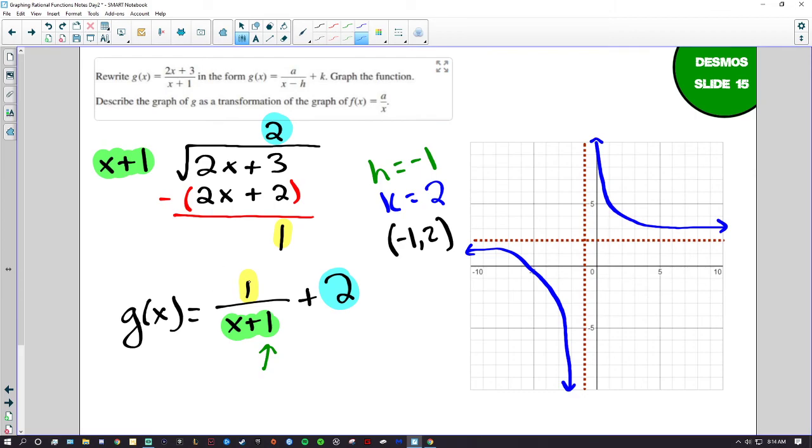So we rewrote it as 1 over x plus 1 plus 2, which converted it into that transformation form. We knew what our h and k were, so we know where our new origin is. And that new origin was at the point negative 1, 2. Draw your asymptotes, and then sketch your graph based on whether a is positive or negative. And we're done. Graphing rational functions.